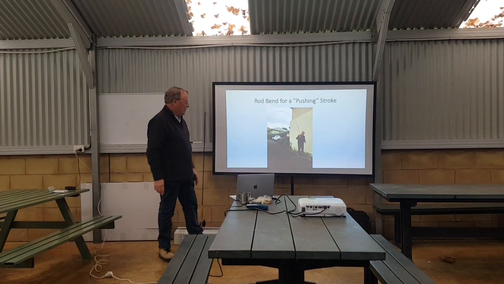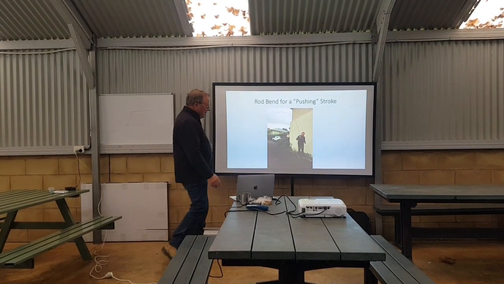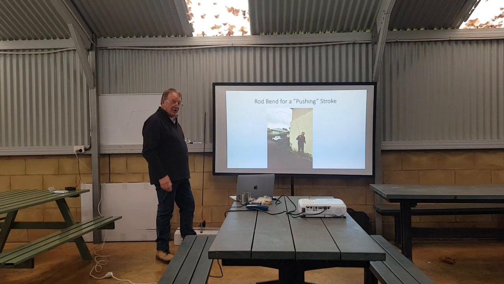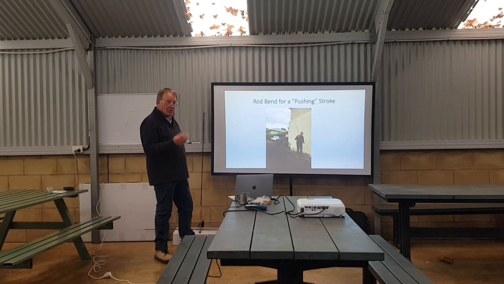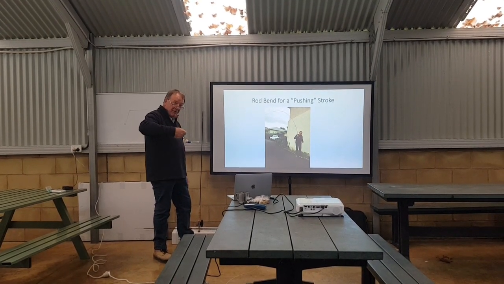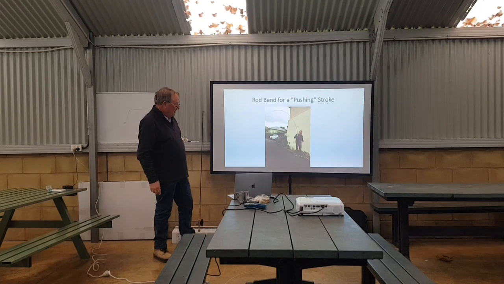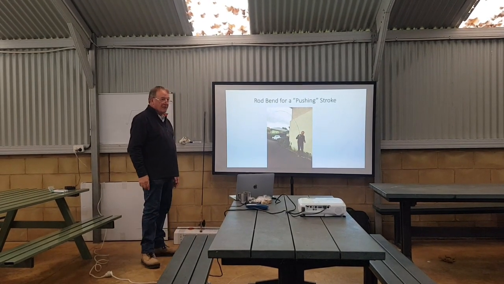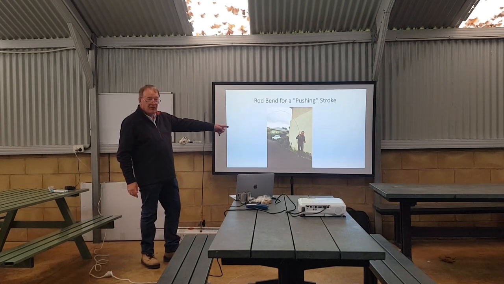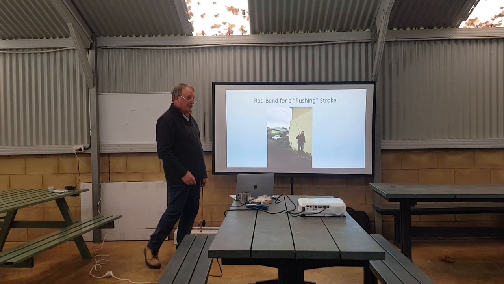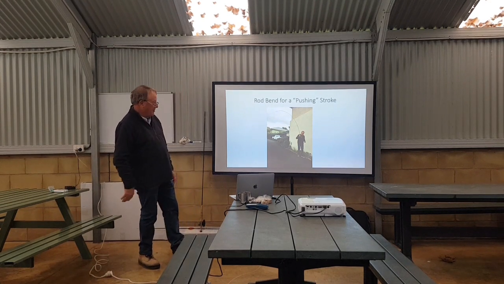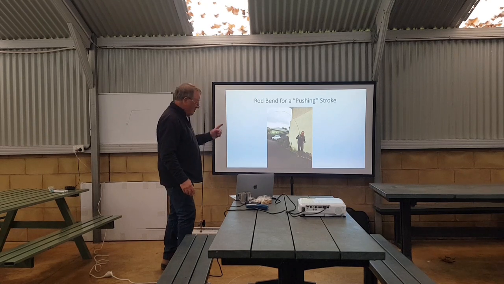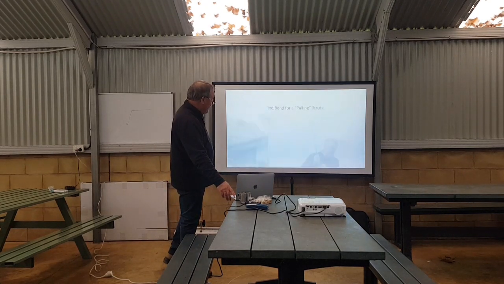You'll see here that the rod butt is just starting to point behind me, so it's quite early in the cast. I've turned that over and I've got the butt starting to point back this way. And you'll also note down here that there's not much weight transfer going on at all. I've got nearly all my weight on the back foot there. My front foot is just really stopping me from falling over. But most of the weight is on the back foot. I'll talk about that 2.5 times line tension with the next photo. So that's a pushing stroke.